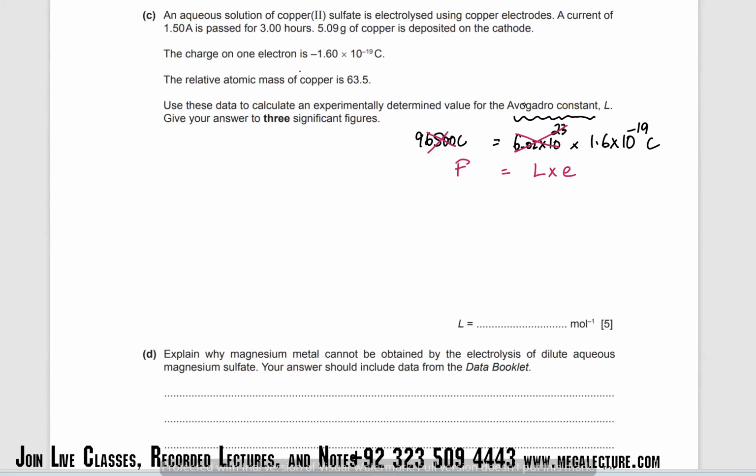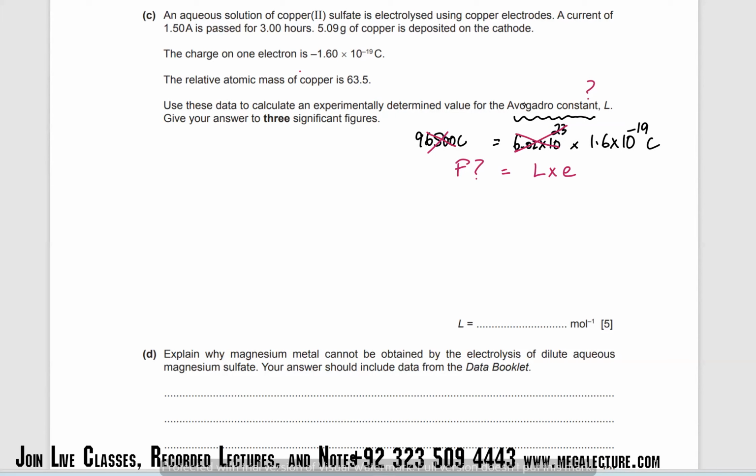So basically you have to find the Faraday constant and the Avogadro's constant as well. They're both interdependent. इसलिए 96,500 coulombs cannot be used.